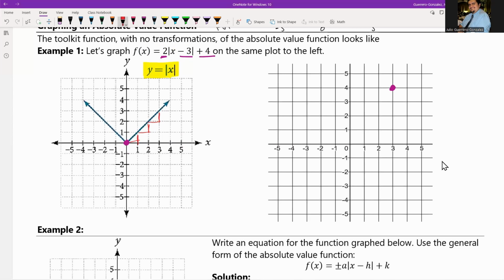What this changes is the over 1, up 1. Instead of going over 1, up 1, it'll go over 1, up 2. So my new point from here is going to go over 1, up 2. I don't have much space to graph here, but it's something like that. If you see, the graph does this now. Bam. Okay, let's move on.